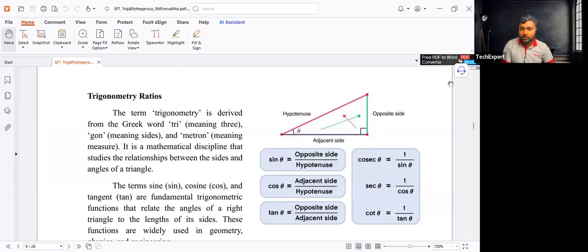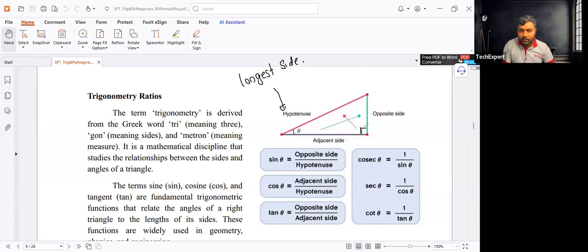Okay, in a right angle triangle, the longest side is known as the hypotenuse. How can we find this longest side?